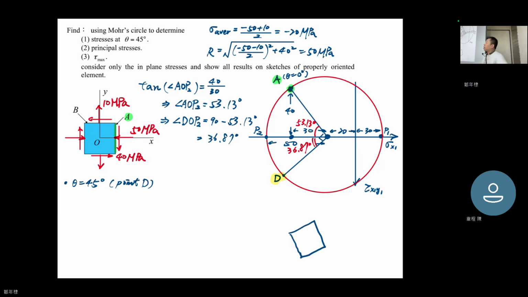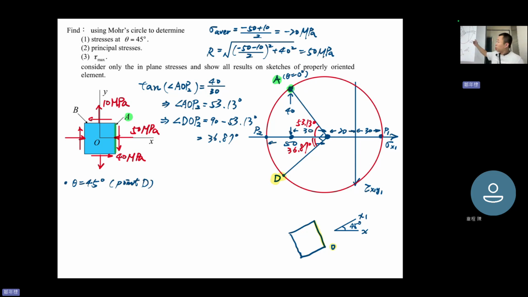This is the 45 degree, X1, and this is X. So 45 degree, and I will say this plane is plane D. This is plane D. The plane D, we counterclockwise rotated 45 degree.